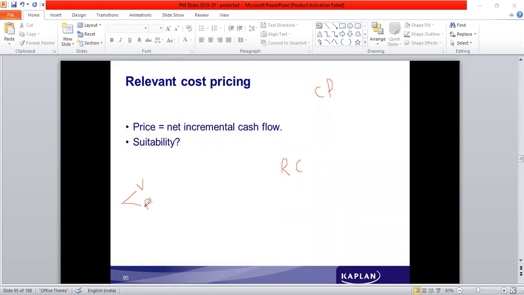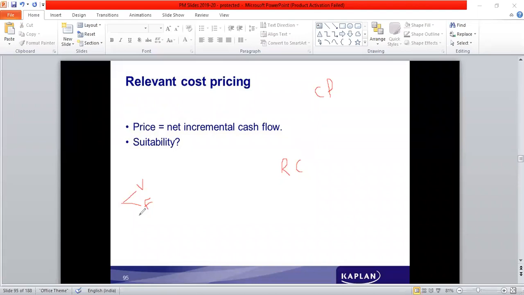If the output decreases, only the variable cost decreases. Fixed cost remains the same until it reaches 100% capacity. So in terms of relevance for decision making or cost control, variable cost is relevant. Fixed cost, since it remains the same, is not relevant for decision making.